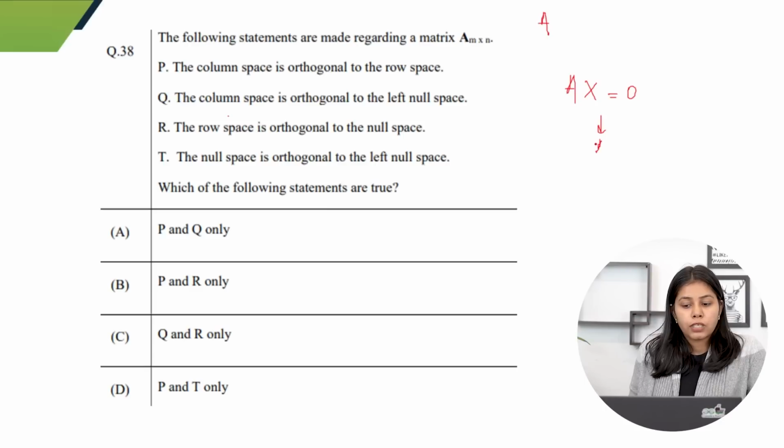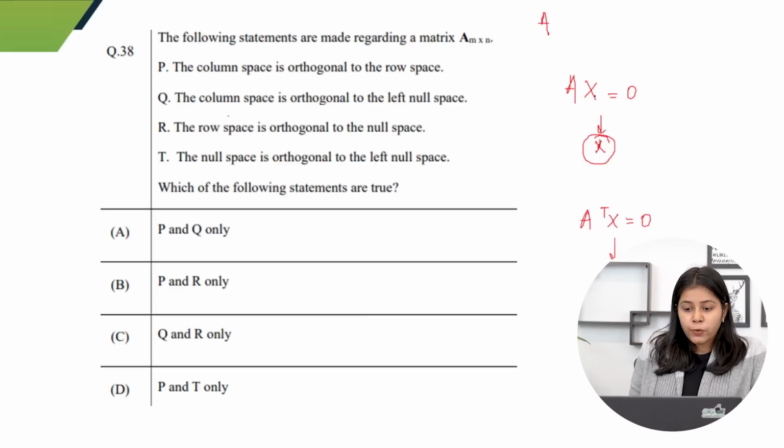The solution of this equation, all those x form my null space. And if I write A transpose x equals 0, then this would give me the left null space. So all those values of x which satisfy A transpose x equals 0 give me the left null space, right? So that is the difference between null space and left null space.